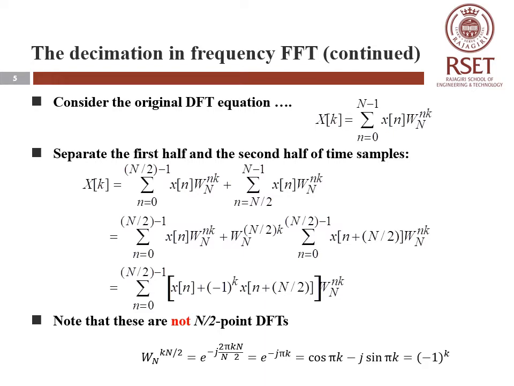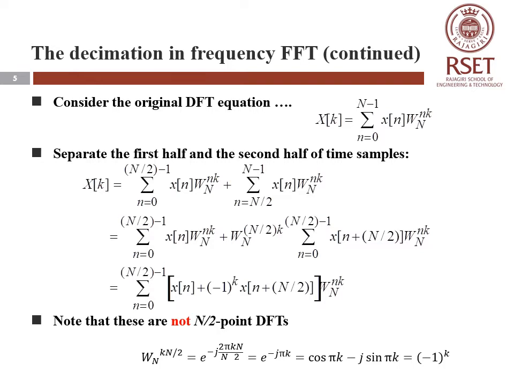Now let us see the derivation of the decimation-in-frequency radix 2 FFT algorithm. We begin with the original DFT equation and split it into two summations. One is a sum over the first N by 2 data points, and the second sum is over the last N by 2 data points.